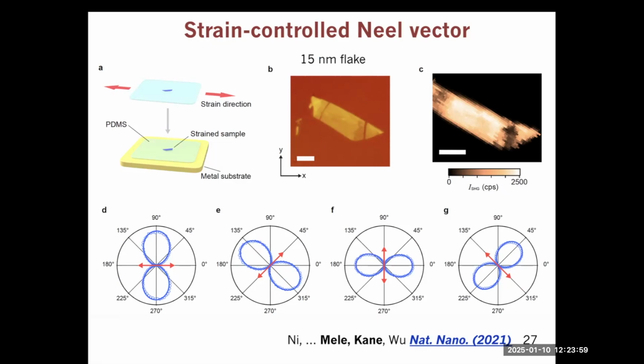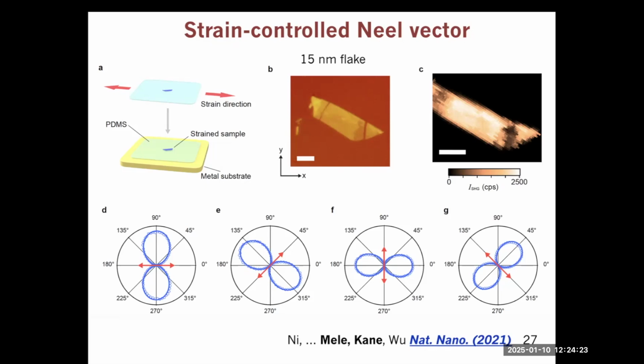It's not the Néel vector anymore, but I told you that the nodal direction is the Néel vector. So we apply strain horizontally, you can see that the Néel vector is horizontal. If you apply strain vertically, the Néel vector is also vertical. If you apply strain at 45, the Néel vector is at 45, and if you do minus 45, the Néel vector follows the strain.